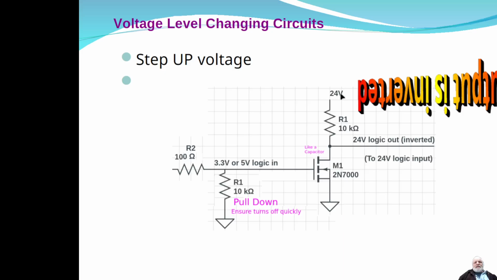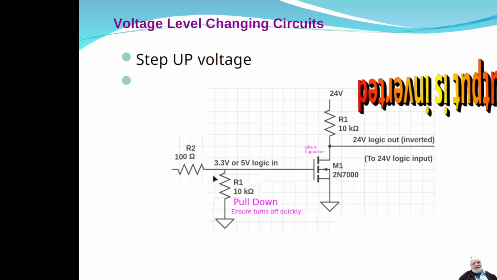We're going to power the drain of the MOSFET with 24 volts with a pull-up type resistor here. And then over here on this input, we're going to have a resistor. Now, I've seen a lot of times where you don't have a resistor in line, but it doesn't hurt to put it in there.